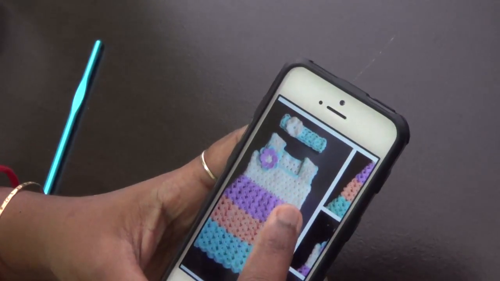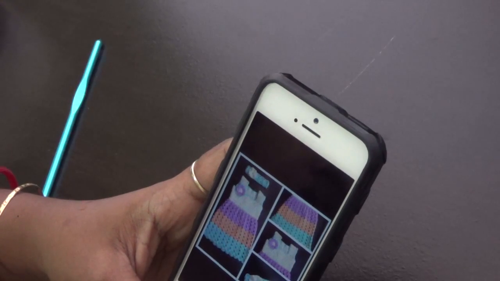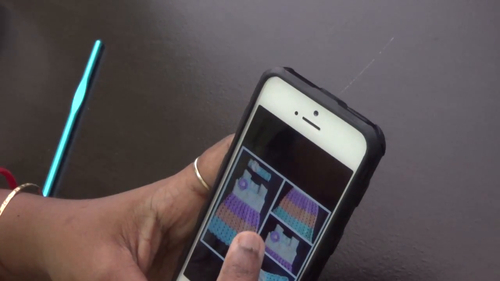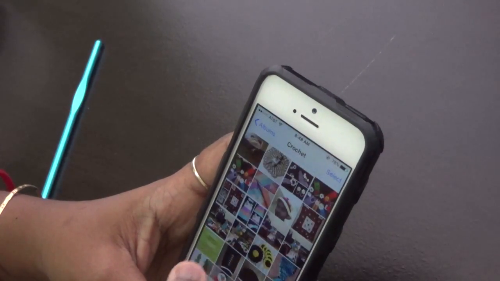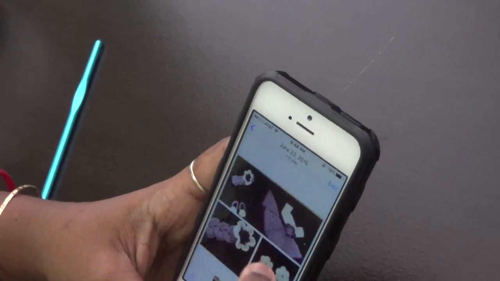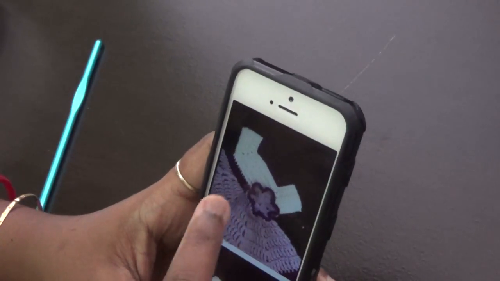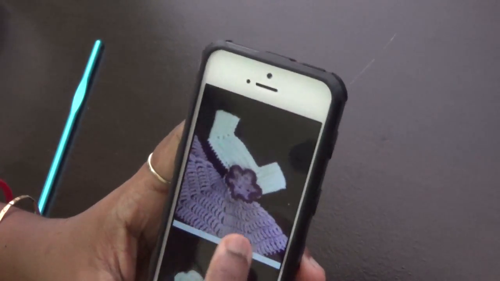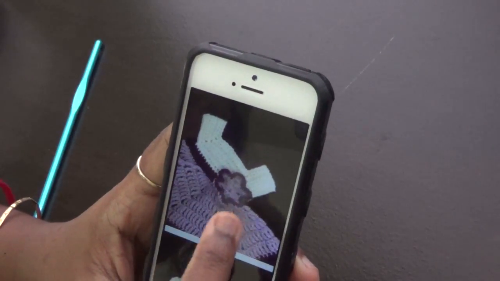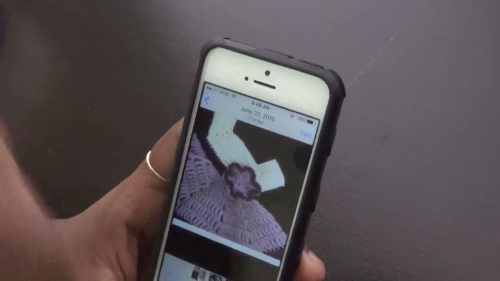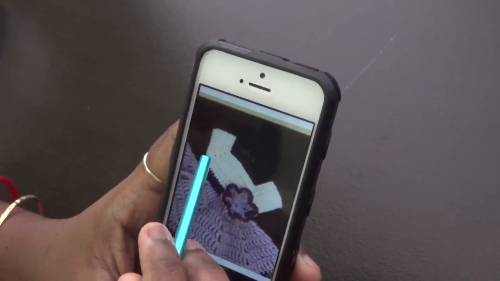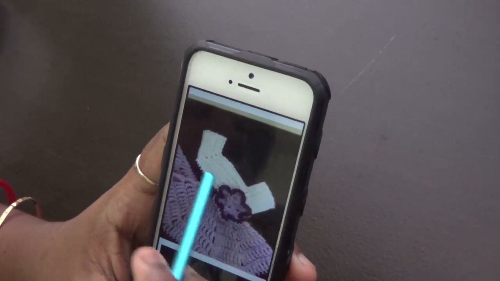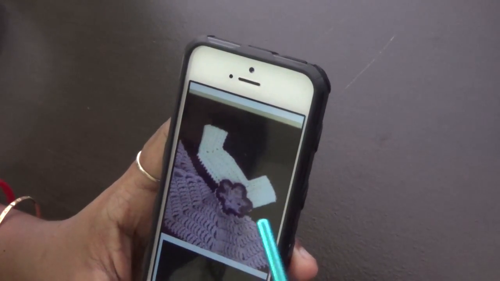So this pattern we have already seen, right? There are two more patterns that we have to see. I categorize them into two. This is a cornered bodice. You see, we can see the corner here, right? There is a corner on both these sides and the back side also.